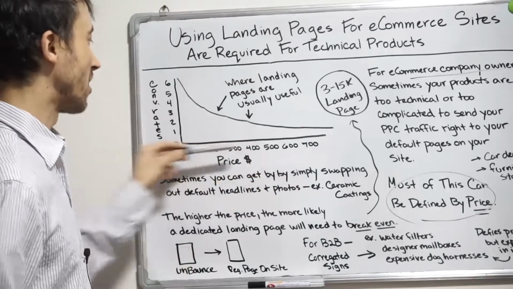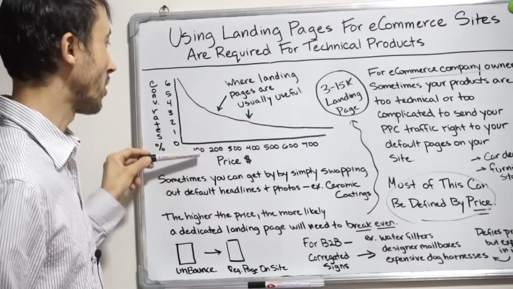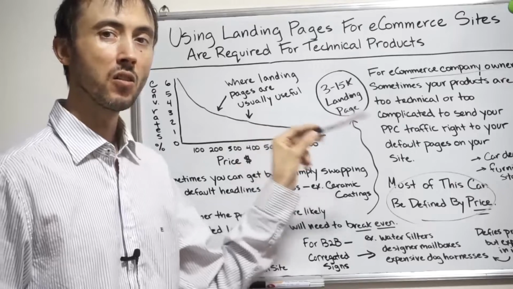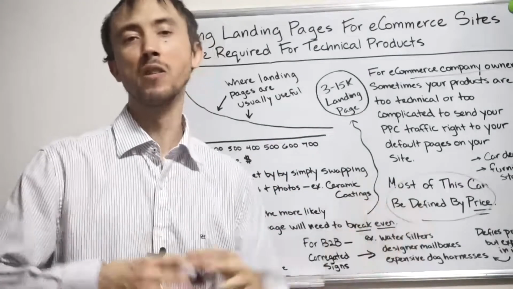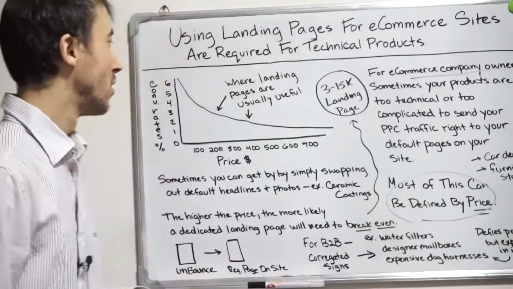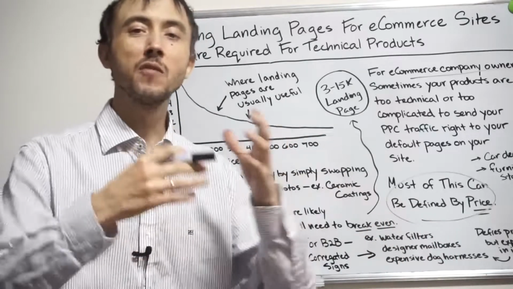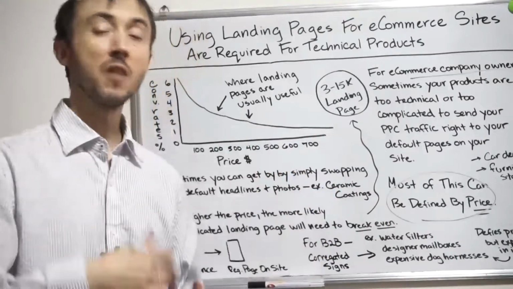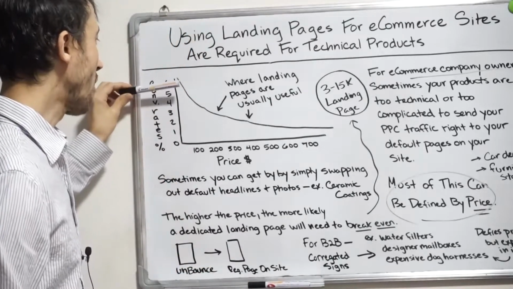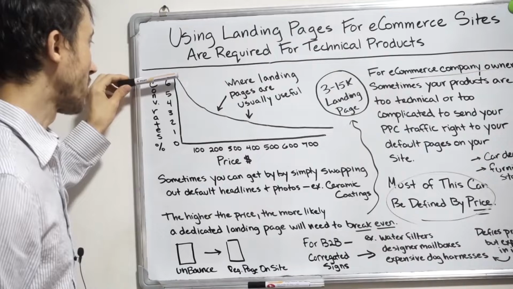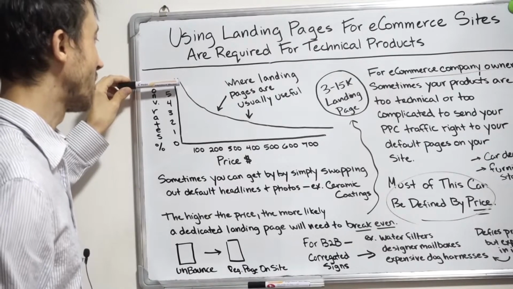The x-axis here is price, in terms of what the product price is that is being sold, and I average this out over dozens of accounts, okay?